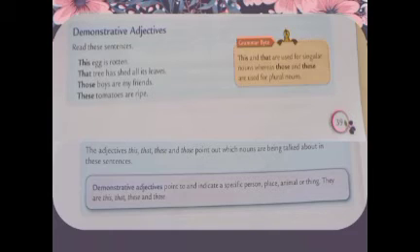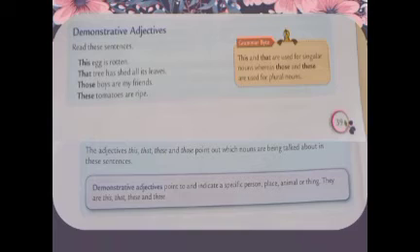So what are possessive adjectives? Possessive adjectives are the words which show the ownership or the relationship between two nouns, and a possessive adjective answers the question whose. So if we put the question, whose book is this? This is my book.